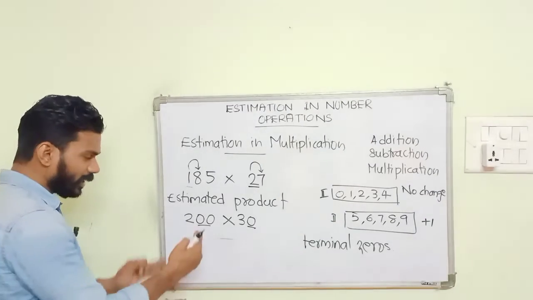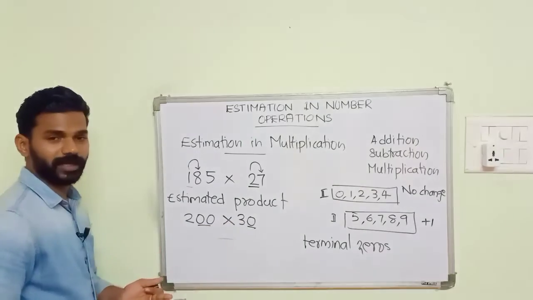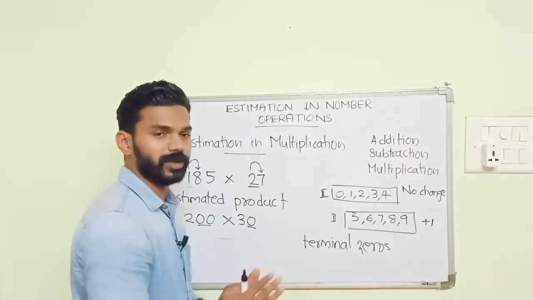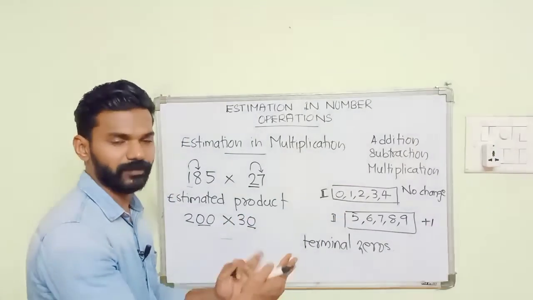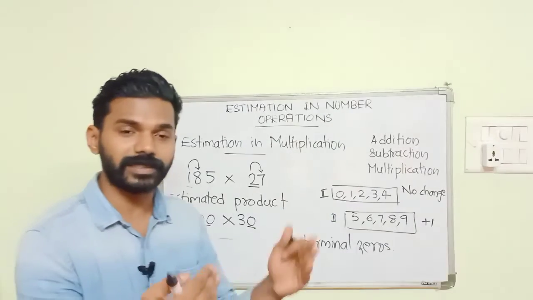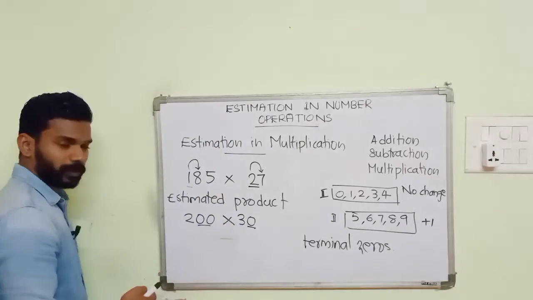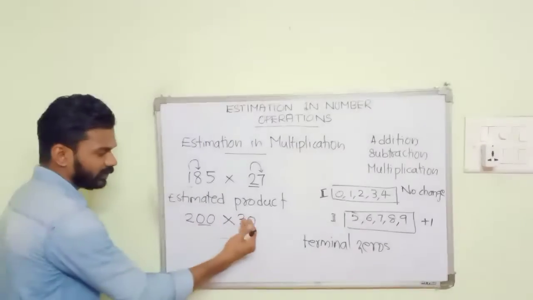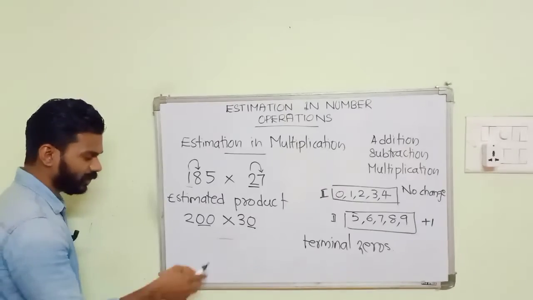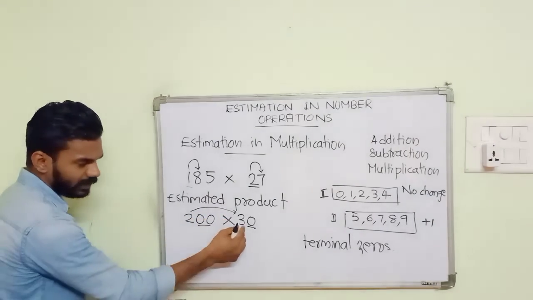While you do multiplication in which there are terminal zeros, you can keep those terminal zeros away without multiplying, because they can be considered after the multiplication. So the best way is to just remove these terminal zeros and multiply the remaining numbers. Here it is 2 and here it is 3.